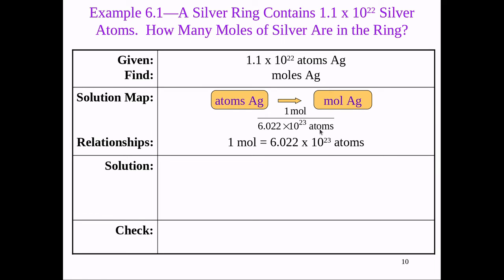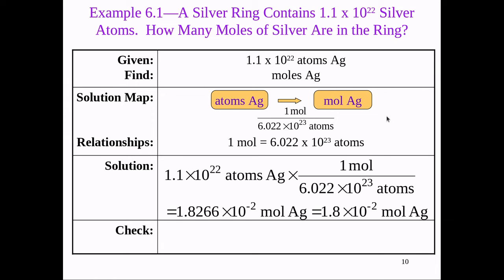We will place atoms in the denominator because that is the unit we want to cancel, and we'll place moles in the numerator because that's the unit we want in our final answer. We put in the original value that we had, atoms of silver. We have our conversion factor down here.